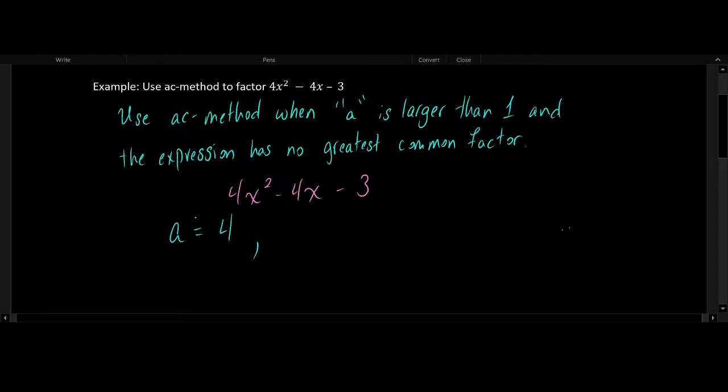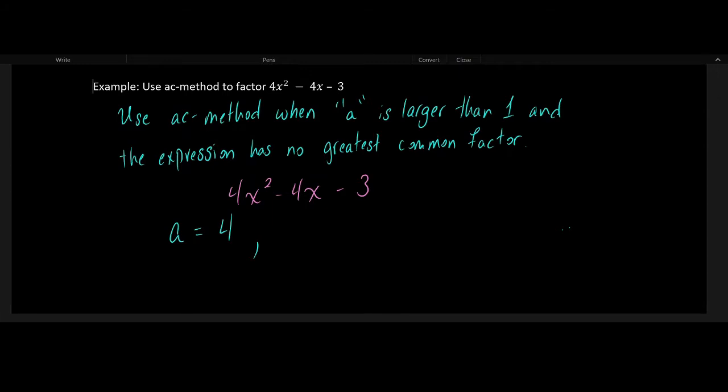So the A value is larger than 1. And in addition to that, looking at this expression, the numbers 4, 4, and 3 don't have any factors in common that I could factor out. So because of that, AC method really is the only choice that I have, besides just guessing and checking.